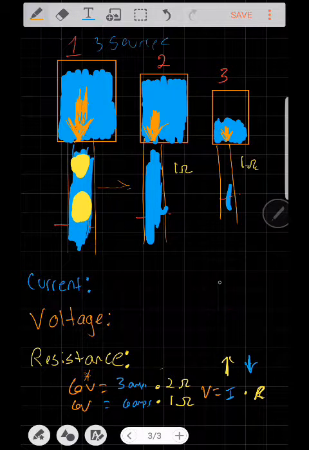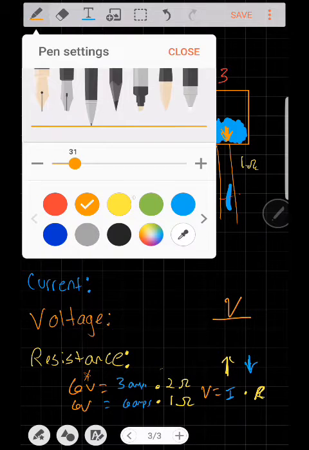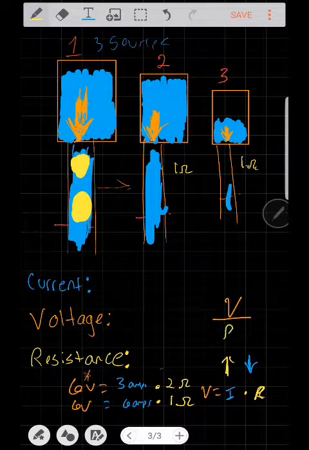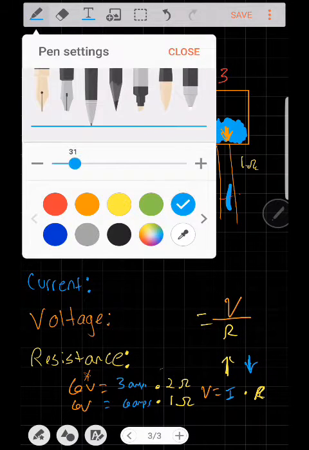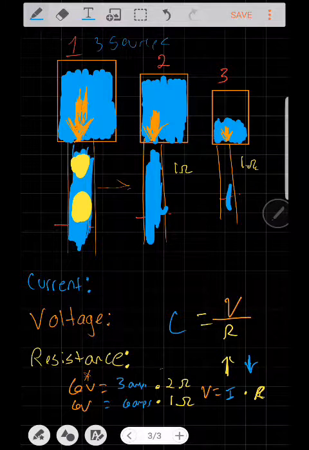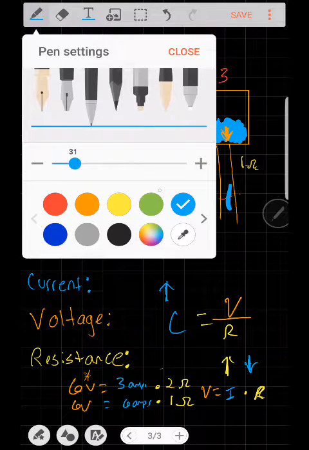So it's going to be volts over resistance equals current. And we agree with that. And you can say that current and volts have a direct relationship, because if current increases, then volts also increases.